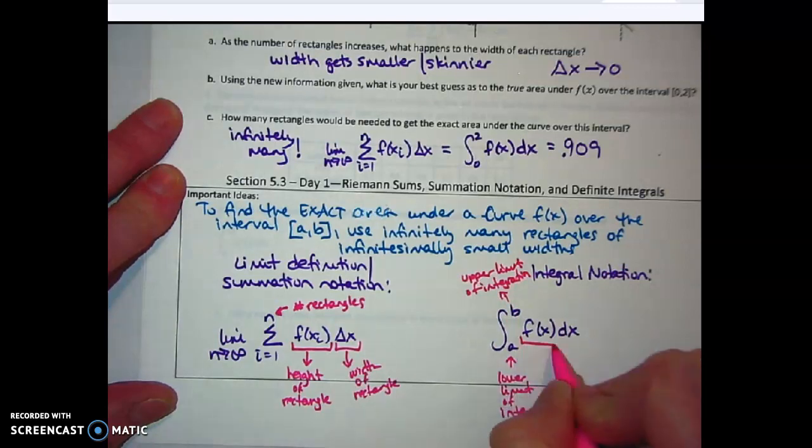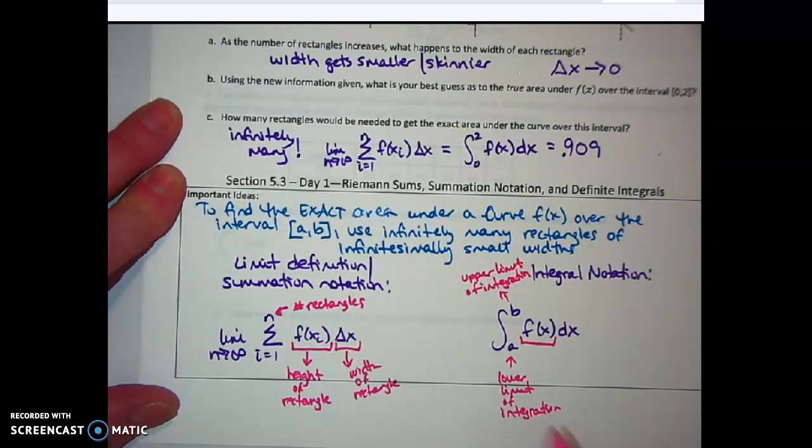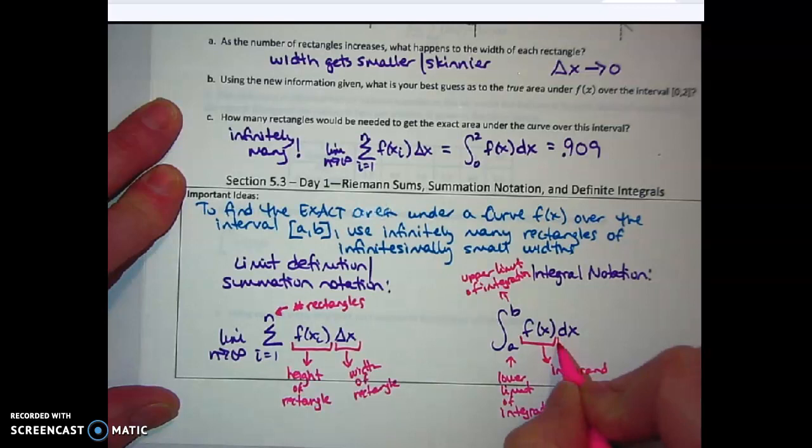The f of x, similar to our summation notation, is now called our integrand. And our dx is telling us the variable of integration. This is telling us which variable we're actually taking the integral of.